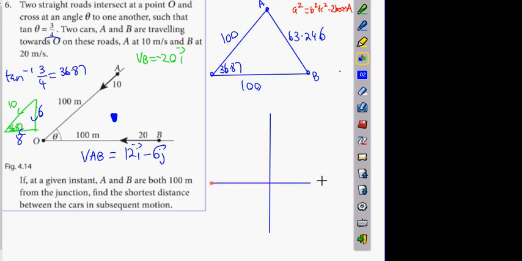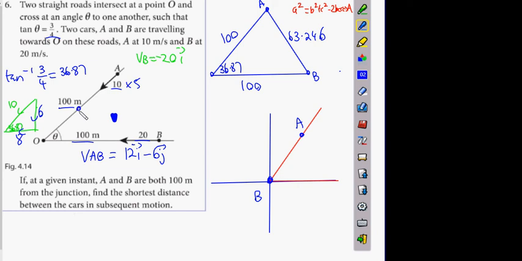Everybody agreed with that? So the two roads are in red. We have a red road here, red road here. B is at 10 divided by 20, so 5 seconds later, B is at the junction. A is now 5 seconds into the future. A has travelled 10 multiplied by 5, which is 50 metres, and 100 minus 50 means it's 50 metres away.